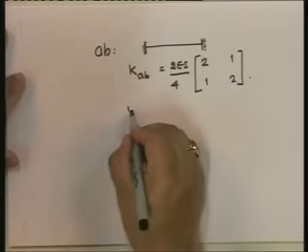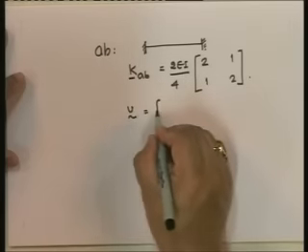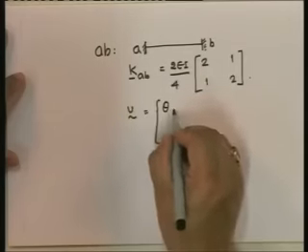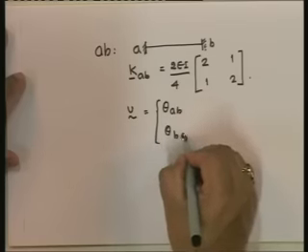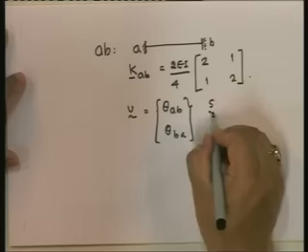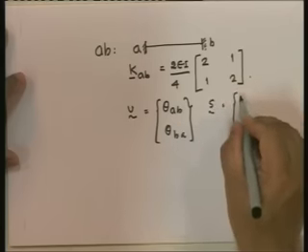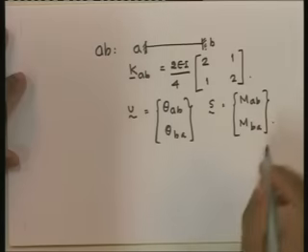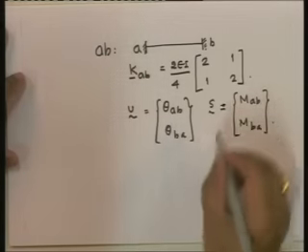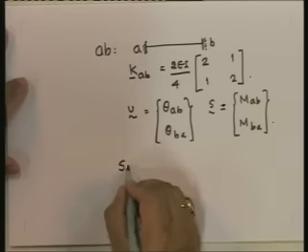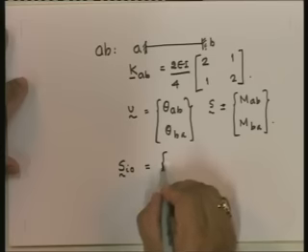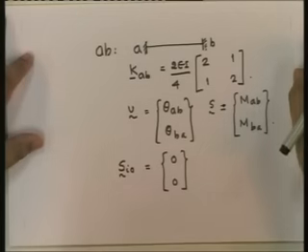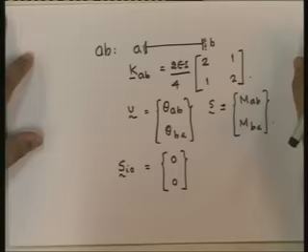Its V is theta AB, theta BA, and S is M_AB, M_BA. And S_I0, since there is no loading, is going to be 0, 0. So this is our definition of member AB.